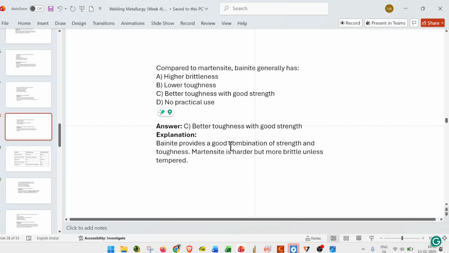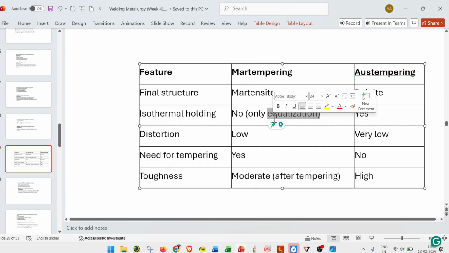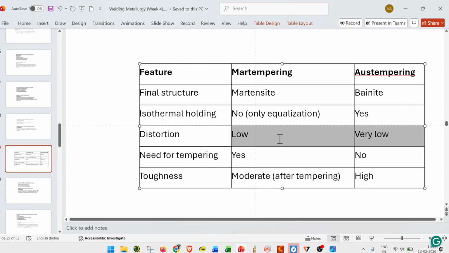Martensitic phase is harder but more brittle. Martempering produces the martensitic phase, austempering produces the bainitic phase. Isothermal holding is in austempering only. In martempering it is also isothermal, but only for a very short duration, and distortion here is very low, and here also low.